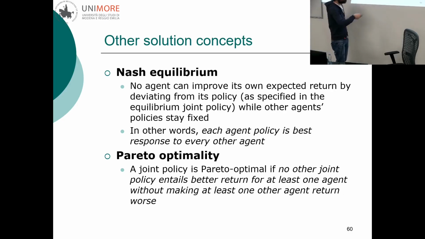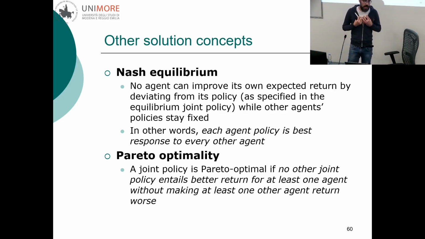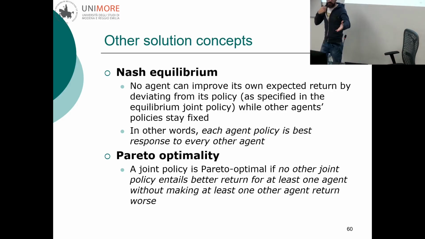So, in a Pareto optimal joint policy, as I said, if I want a better return, I need to make one of you have a worse return. If I'm not in a Pareto optimal joint policy, instead, I can improve without making you worse. You can have a Pareto optimal joint policy even if you're not in a Nash equilibrium. This depends on the game. But you can have a Pareto optimal joint policy even without having a Nash equilibrium.